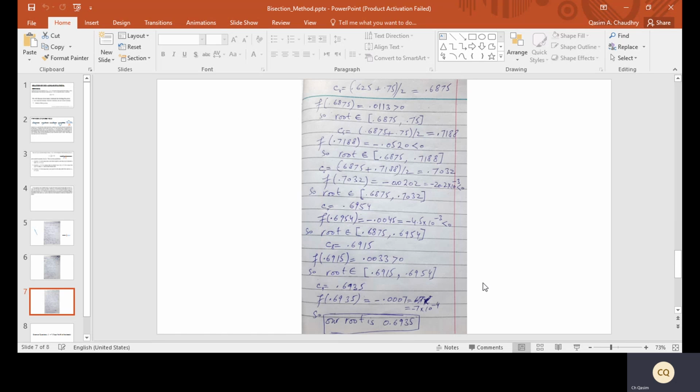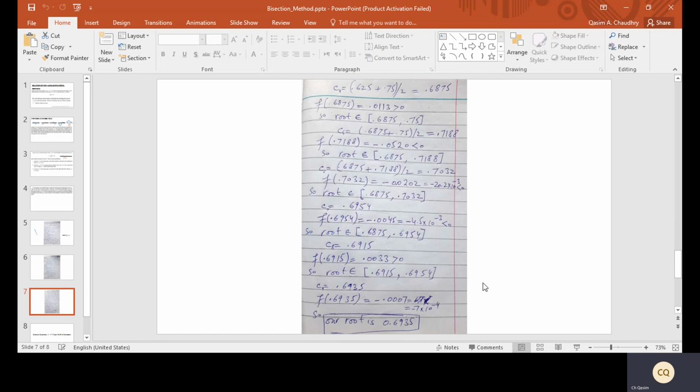So sometimes it is asked that the answer should give you a value where the difference from 0 should be, let's say, 1 into 10 power minus 4. The absolute value of the error should be 10 raised to power minus 4, or maybe 10 raised to power minus 3, minus 4, minus 5.